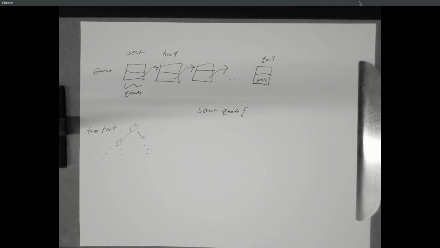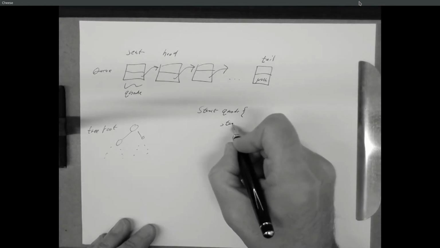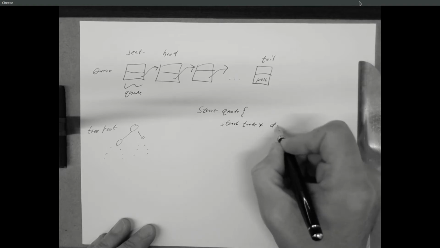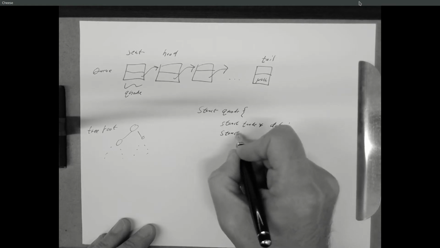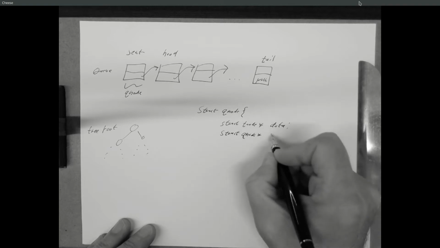Integers don't have children. What we have to store in the queue is actually a tree node. So this queue node is going to have a struct tnode pointer, which I can call data, and then a struct queue node pointer, which we can call next.